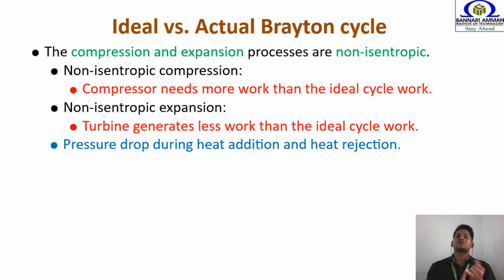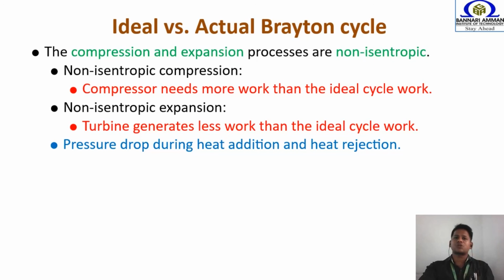The major difference between your actual Brayton cycle and the ideal Brayton cycle is very simple. Instead of having isentropic compression and isentropic expansion, we are having polytropic compression and polytropic expansion. So what is the problem with this? The work input given to the compressor is increasing compared to the isentropic cycle.